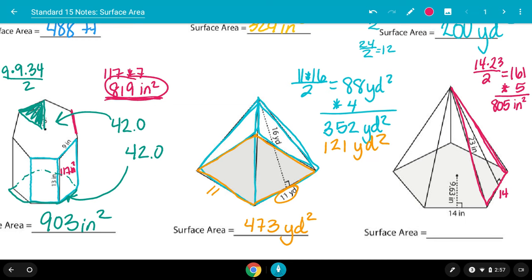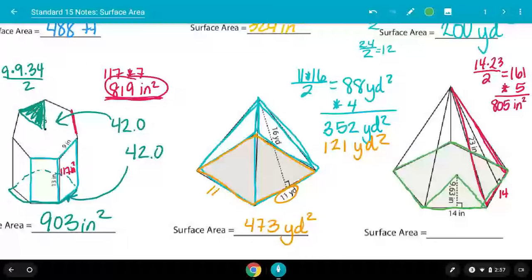All right, now all we have left is that pesky base. This guy right here. We only have one of them because it's a pyramid. So we just need to find the area of that and add it on to our 805. So remember, we'll do the triangle thing.